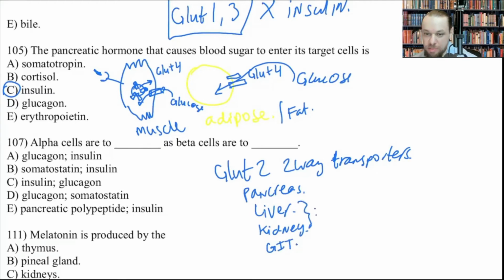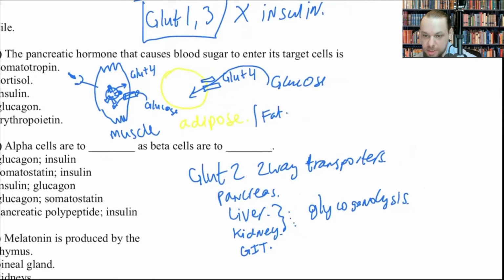Because they can perform breakdown of glucose and release glycogen stores. That's called glycogenolysis, the method of chopping down glycogen stores and releasing them into the blood.